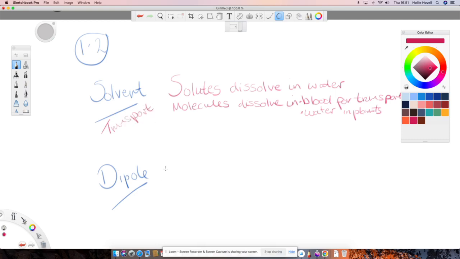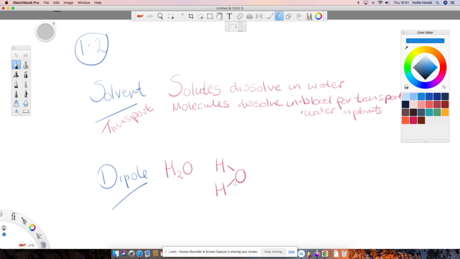Now, this word dipole, this is to do with the structure of the water. So we all know that water is H2O. Now, if we were to draw H2O, we've obviously got H2, which means we've got 2 hydrogens, O, which means we've got 1 oxygen. Now, the charges of those are very small but significant.